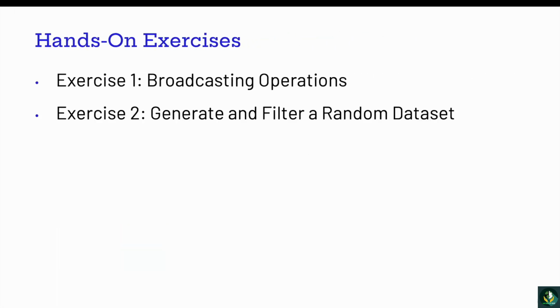Our second exercise is to generate and filter a random data set. We already did this, but again, this is an exercise that you should probably follow along. Here, the objective is to generate a random data set, filter elements based on conditions, and calculate the summary statistics. So we will create a 5 by 5 matrix of random integers between 1 and 50.